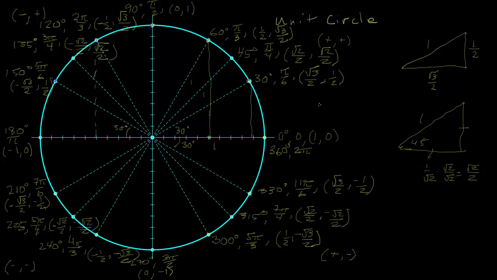Finally, I want you to just look at slopes a little bit. The slope of this angle is less than 1 at 30. The slope at 45, which is the tangent, is 1. The slope of this side, this angle, is negative 1.